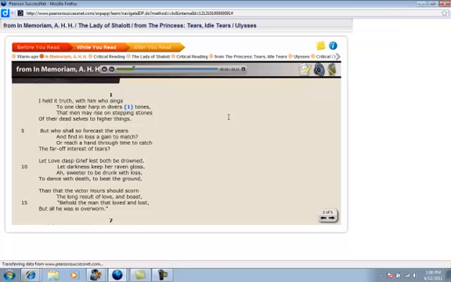Let love clasp grief, lest both be drowned. Let darkness keep her raven gloss. Ah, sweeter to be drunk with loss, to dance with death, to beat the ground, than that the victor hours should scorn the long result of love, and boast, behold the man that loved and lost, but all he was is overworn.